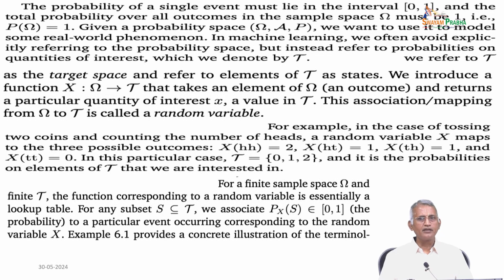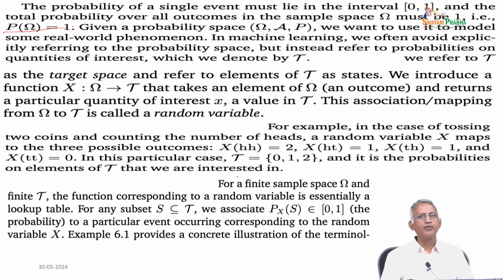Suppose you take a coin and toss it: the probability of getting head is 1 by 2, and the probability of getting tail is 1 by 2. Suppose both faces are tail, then the probability of tail is 1 and the probability of head is 0. Therefore, the upper bound is 1 and the lower bound is 0. The probability of the overall outcomes in the sample space must be 1. Therefore, P of omega equals 1.